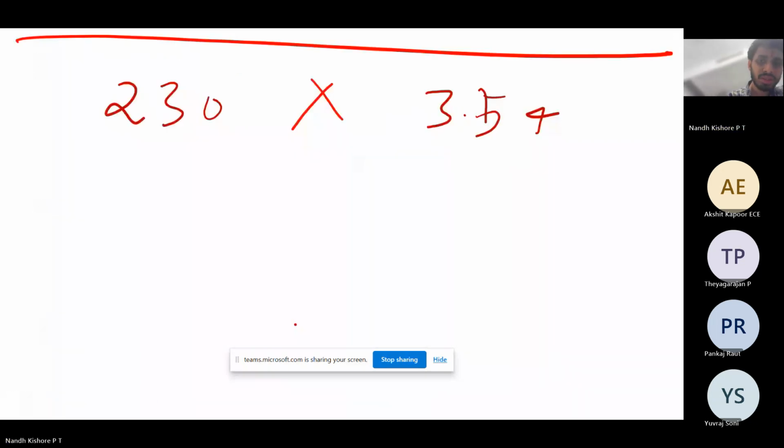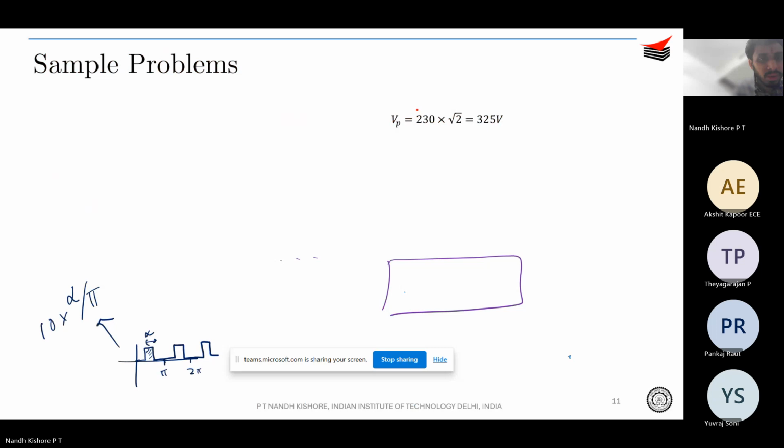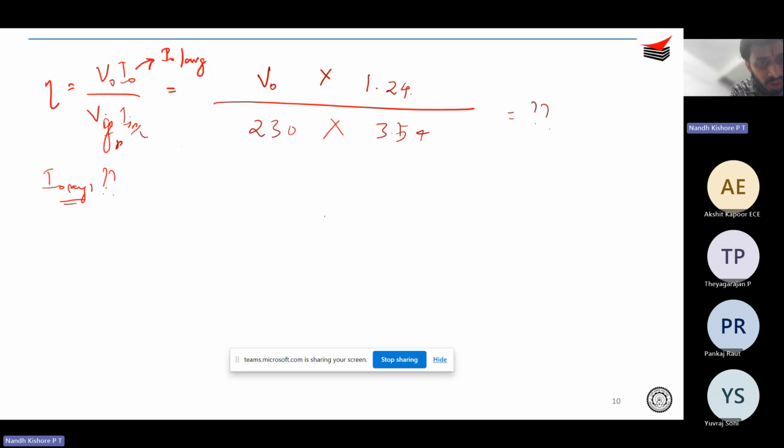Okay, so this will be the efficiency. So this is your V grid RMS, I in RMS, and this is your V naught average and I naught average.